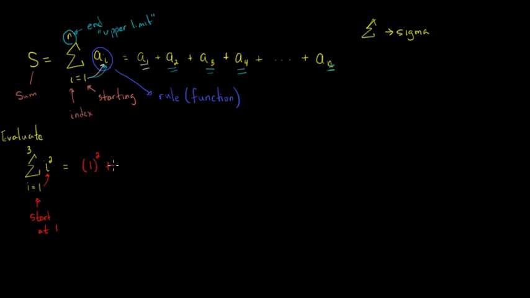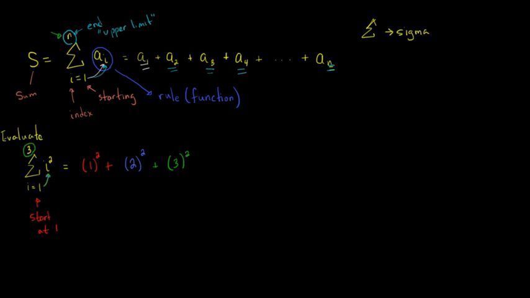Then I'm going to add. The next term would be 2, so I plug in 2 and I would have 2 squared. Again, I'm just following the rule, because the rule says i squared. Then finally I plug in a 3, and so I would have plus 3 squared. I stop at 3 because 3 right here is my upper limit. This is the start and this is the end.